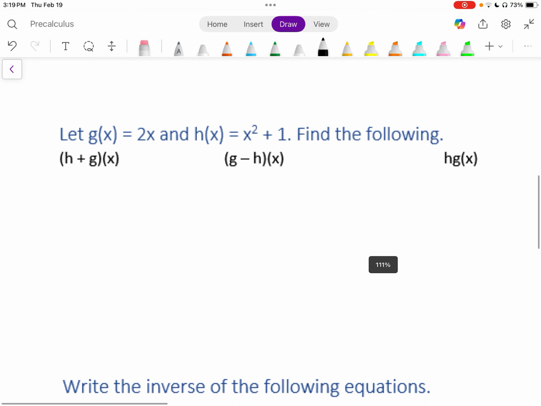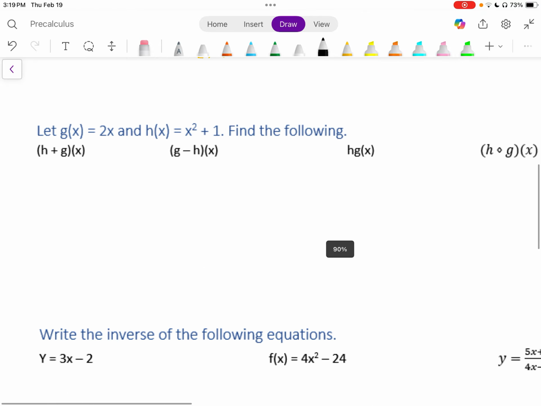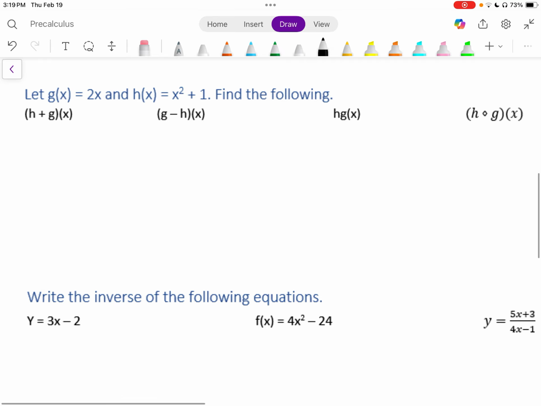All right, now we get into our operations with functions. You see here in the directions, g of x is 2x, and h of x is x squared plus 1. Just remember, h plus g of x simply means we want to take h of x and add g of x.